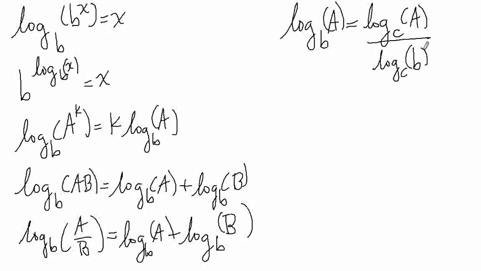Okay, so let me first tell you why these might be useful to you, and then I'll discuss where they came from. Okay, so the first two formulas essentially say that the log and exponential functions for the same base are inverses of each other.